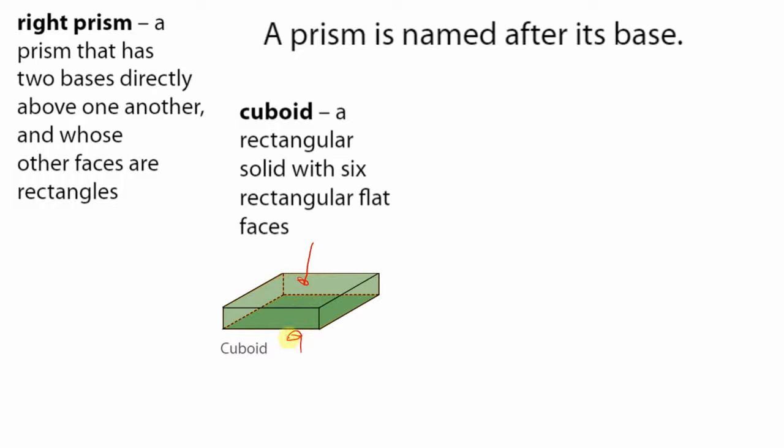So we can see the bases are rectangles. We can also see it's a right prism in the sense that the other faces that connect these two base rectangles are also rectangles. So this is what we refer to as a cuboid, since we have rectangular bases.